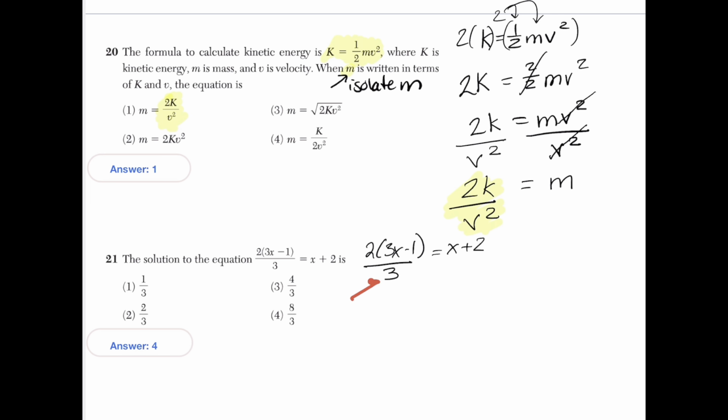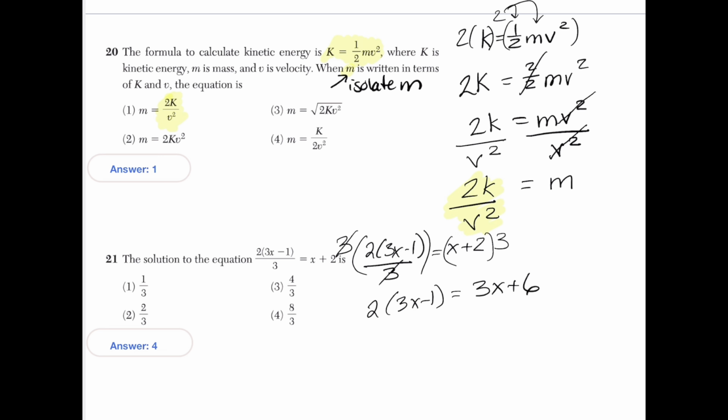If this is the thing that's bugging you, let's just multiply by 3. So I'm going to multiply this expression by 3 and this expression by 3. Here, this will cancel out, leaving me with 2 times (3x minus 1). On the other side, 3x plus 6.